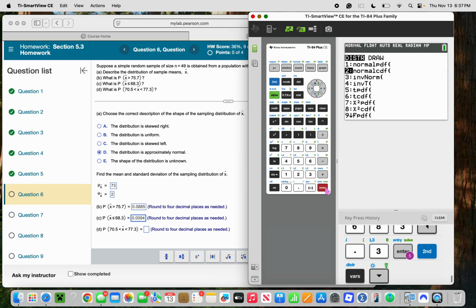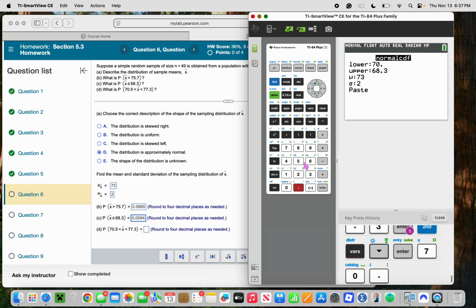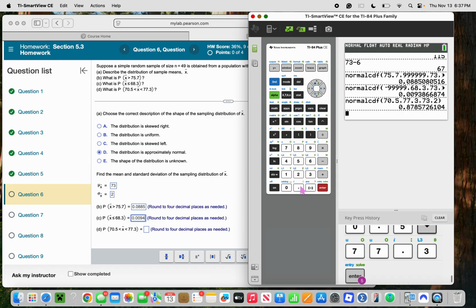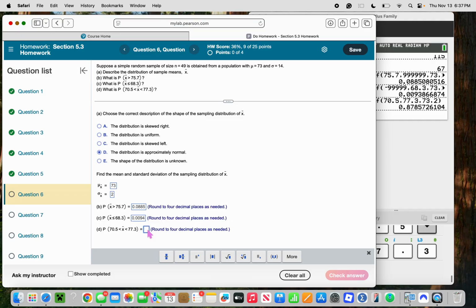That's the empirical rule that I was using, because we do know the sampling distribution is approximately normal. So the empirical rule would apply there. And it's 0.8786, so almost 88% of the data samples would fall within those averages.